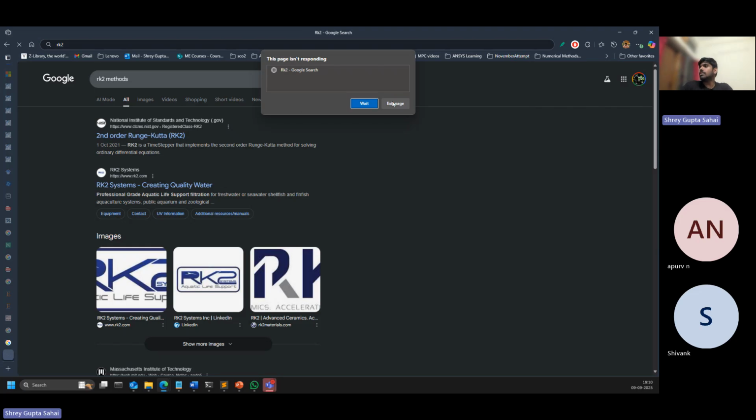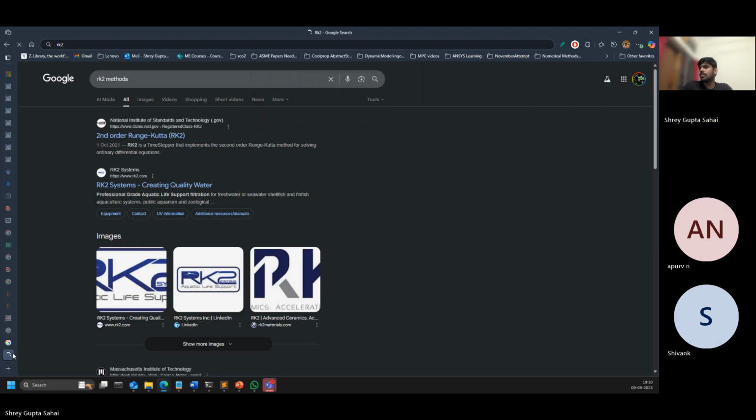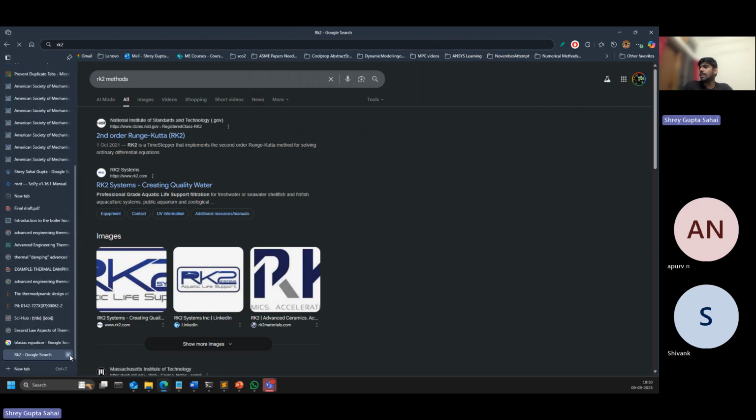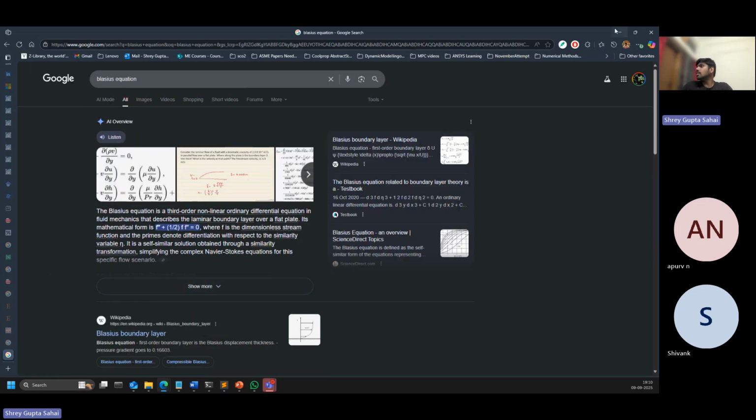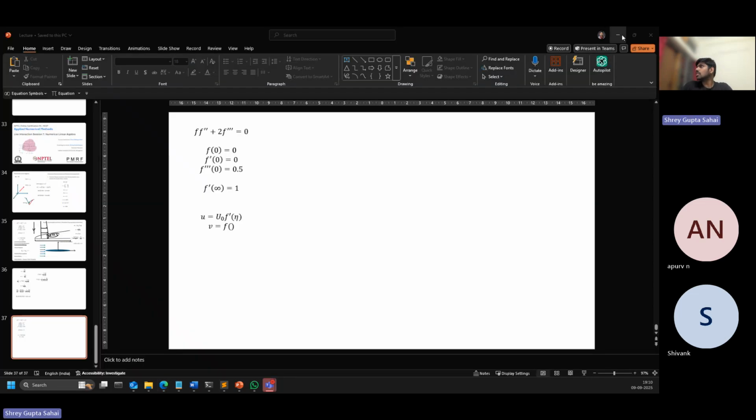Wait, exit page. It keeps hanging every time I switch this one on.